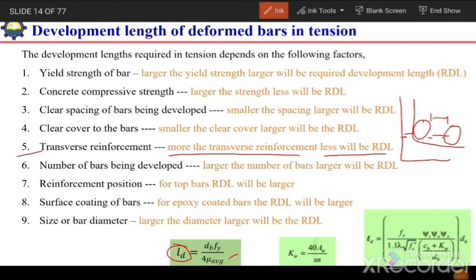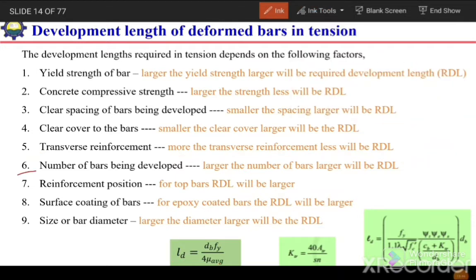Moreover, this transverse reinforcement also acts as a confining reinforcement, and the strength of the concrete inside this transverse reinforcement will increase, and as a result the bond strength of the concrete will increase. When the bond strength is increased, the required development length will reduce.